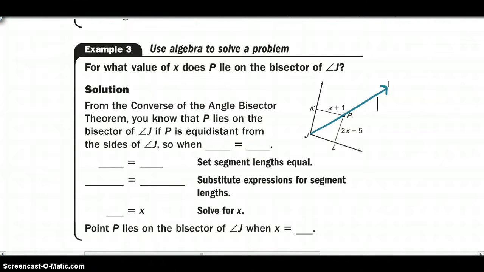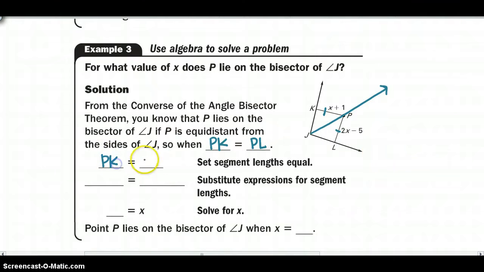So from the converse of the angle bisector theorem, we know that P lies on the bisector of angle J if P is equidistant. So if we know that P is equidistant from the sides of J, then we know that PK is equal to PL. So we need to figure out if those 2 are equal, what is the value of x?